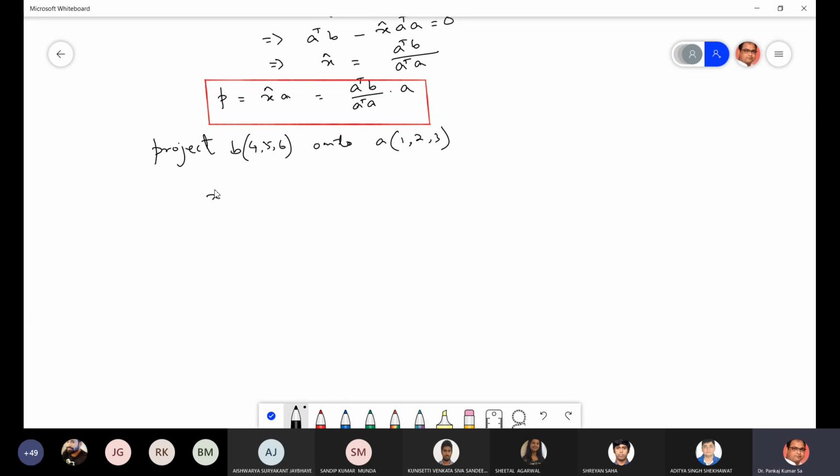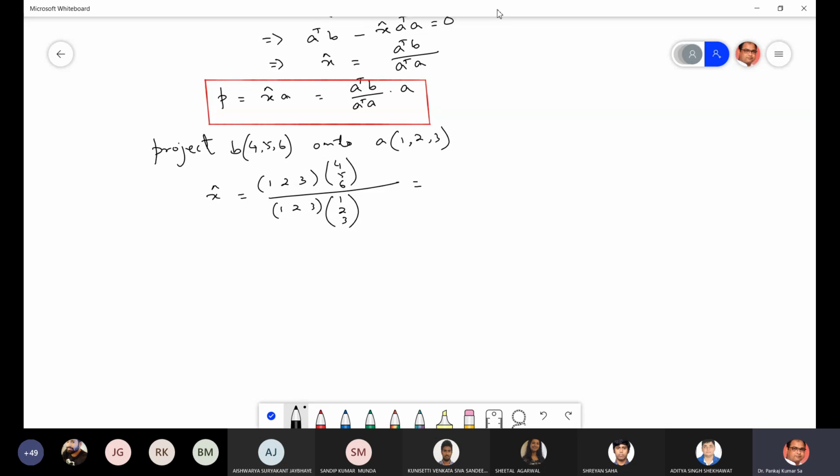First of all, find out what is x cap. x cap is A transpose B. So you have 1, 2, 3, B is 4, 5, 6, divided by 1, 2, 3, 1, 2, 3. So what is the answer? 32, right?